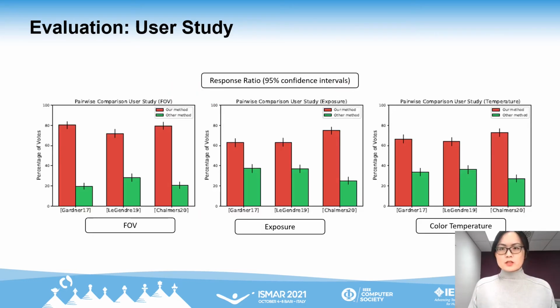For the user study results, we make a statistical analysis using a binomial test. Here we show the user response ratios for field of view variations, exposure variations, and color temperature variations. We can see that the majority of participants preferred our method over prior work across all three properties. This indicates that the DLNet can generate more realistic render results than the other methods.